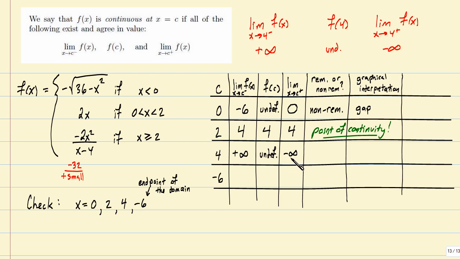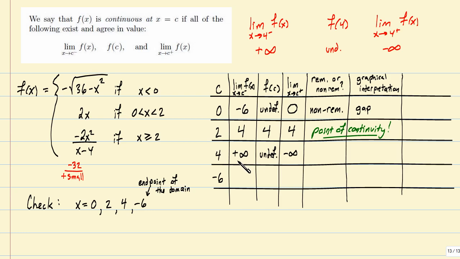Now, is this a discontinuity? Do we have a discontinuity at x equals 4? Certainly. Even though we put these two expressions in here for those two limits, technically they do not exist. We violated one of the conditions of continuity.